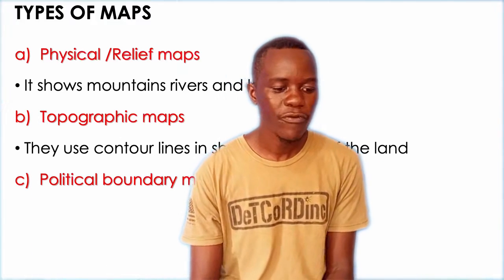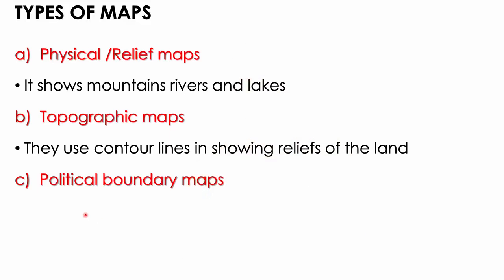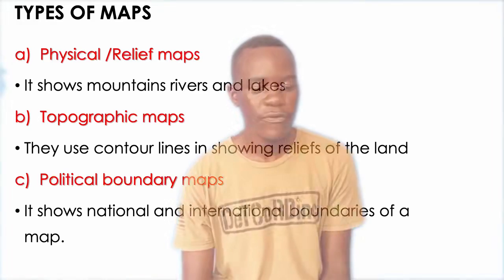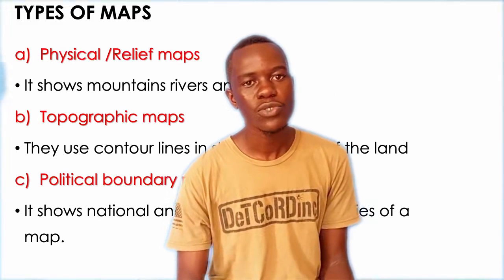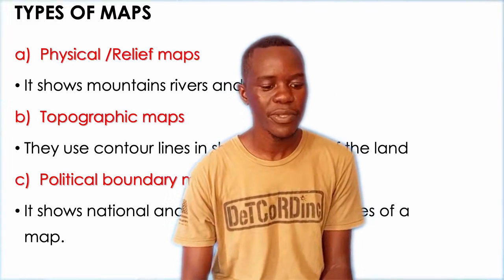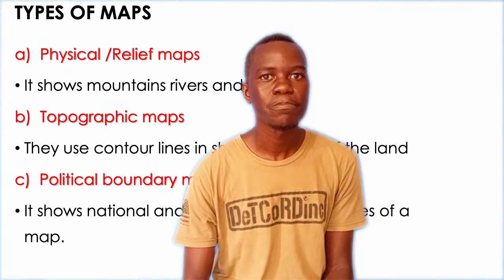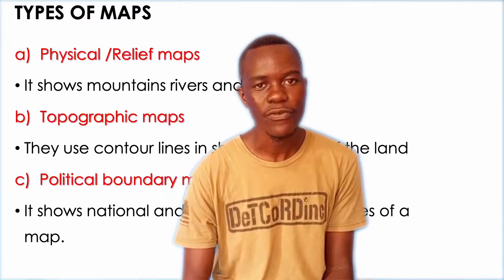The other type of map is the political boundary map. This political boundary map shows national and international boundaries. In national boundaries you can find the definition of maybe districts and regions of the nation.